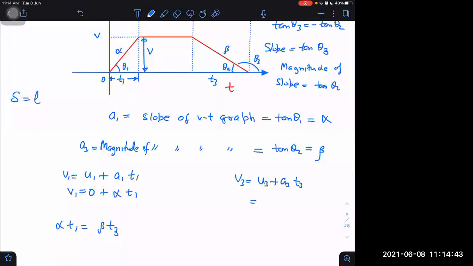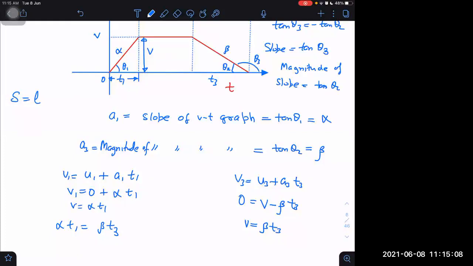What is the initial velocity of the third interval? Initial velocity of the third interval is again V only. But it is retarding, so the slope is negative: V minus beta into T3 is equal to finally 0. So we are getting V equal to beta times T3. Here we were getting V equal to alpha times T1.